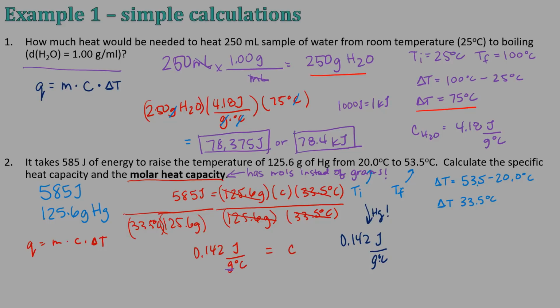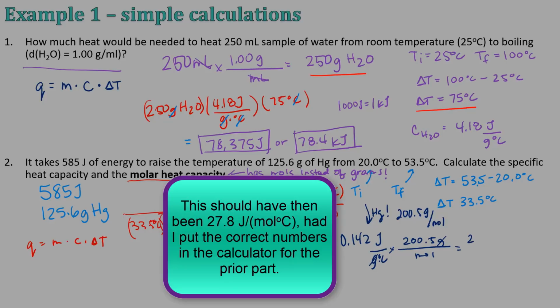Mercury's atomic mass is 200.5 grams per mole, so 1 mole has a mass of 200.5 grams. If I multiply by 200.5 grams per mole, grams cancels out and I'm left with moles instead of grams. That gives me 28.5 joules per mole degree Celsius.